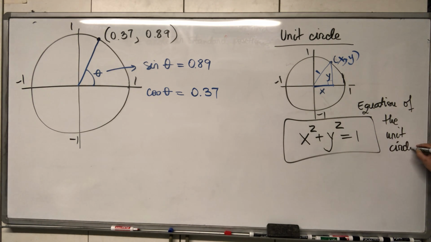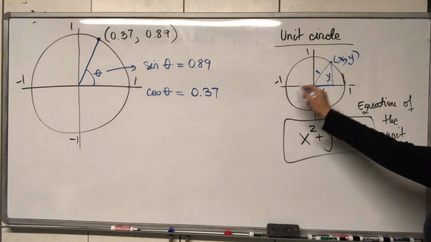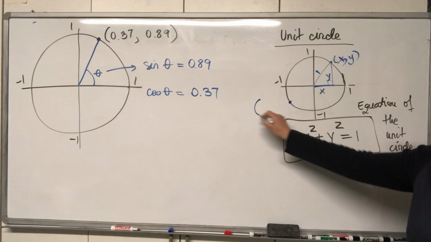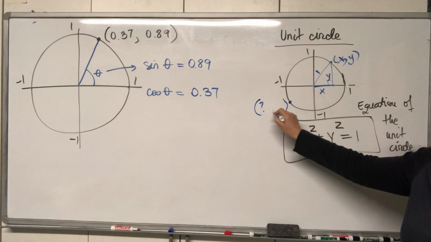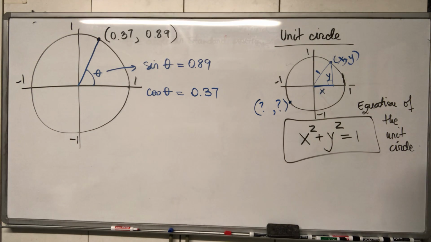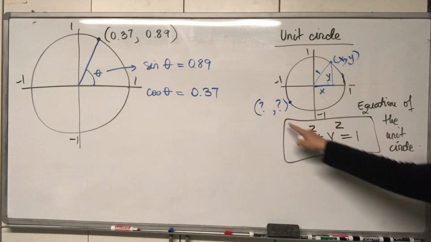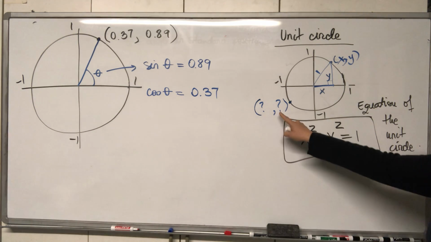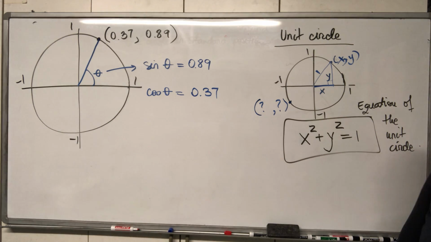And what does it mean that's the equation of the unit circle? It simply means that I don't care what point I pick on this unit circle, and I'm looking at its x-coordinate and its y-coordinate, they all have to satisfy this equation, that the x-coordinate squared plus the y-coordinate squared is always going to equal 1.